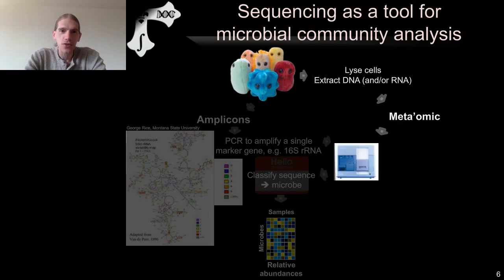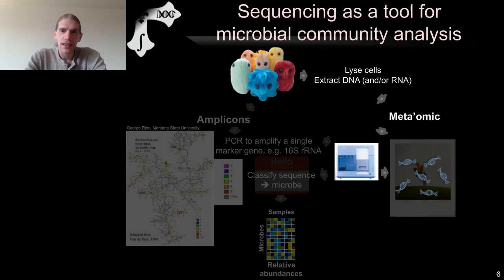Alternatively, metagenomic or metatranscriptomic sequencing just sequences everything. This results in a pile of short reads, much as you would sequence for a single genome isolate, and this can provide a more complete picture of what the total genomic potential of a community can look like, at the cost of a little bit more complexity and, as we'll see a little bit later on, a little more computational interpretation to help analyze the data.